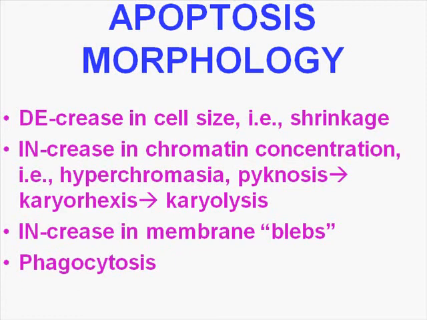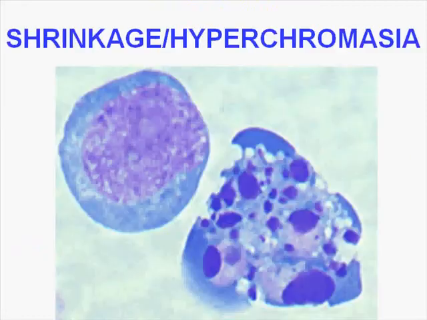Here's a normal cell up here, and here's a cell undergoing apoptosis. You can see hyperchromasia, you can see nuclear fragmentation or karyorrhexis, and you can start to see dissolution of the nucleus or karyolysis. So we see pyknosis, hyperchromasia, karyorrhexis, karyolysis, four new words to learn.